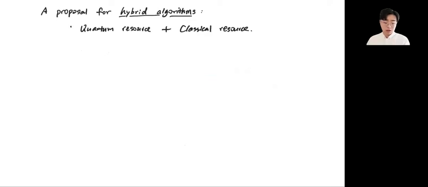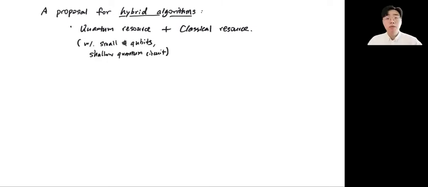We're going to propose a hybrid algorithm that combines the quantum compute resource as well as classical compute resource. And remember, when we use this quantum resource, we have to be aware that we might only be able to afford a small number of qubits and very shallow quantum circuits.